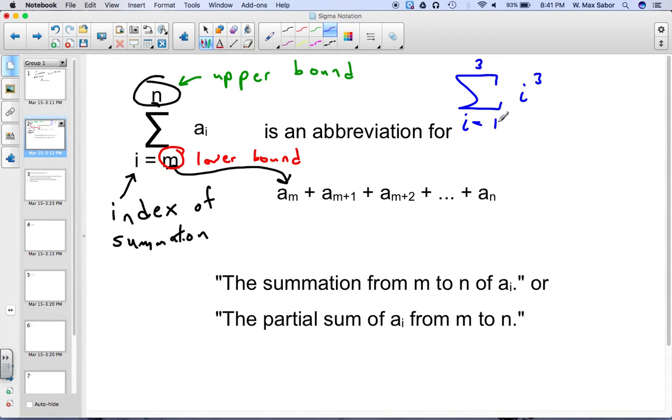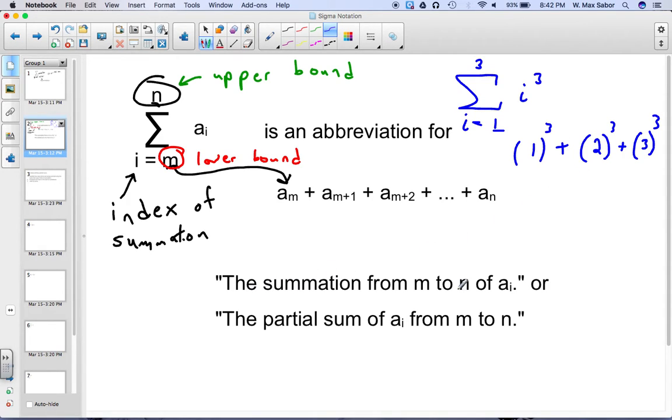And this is saying plug in 1 first, then plug in 2, then plug in 3, and now we've plugged in 1, we've plugged in 2, and we've plugged in 3. So that's all the positive whole numbers between 1 and 3. And we'll write it like that.